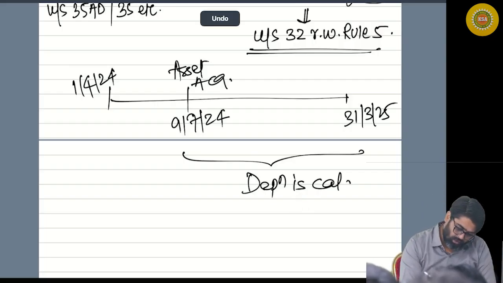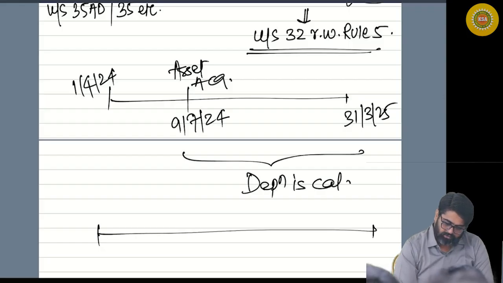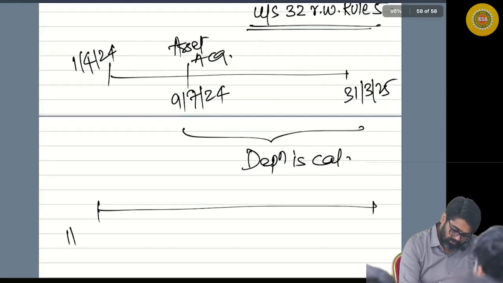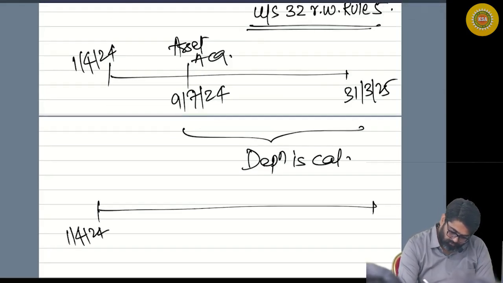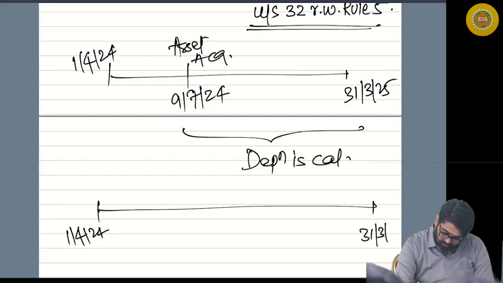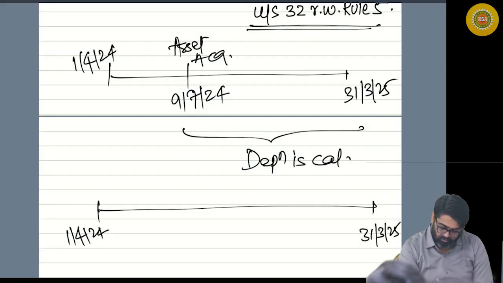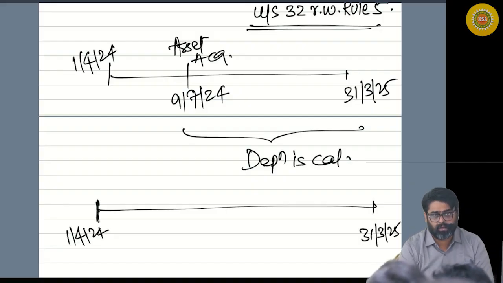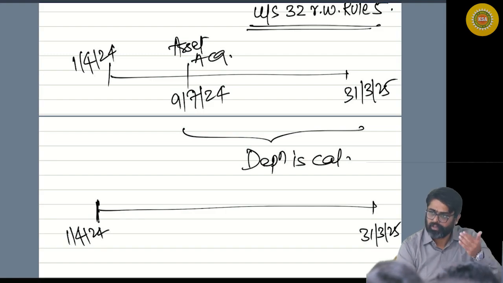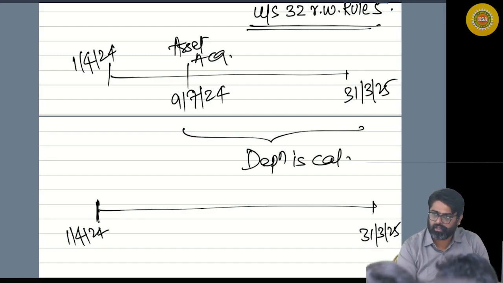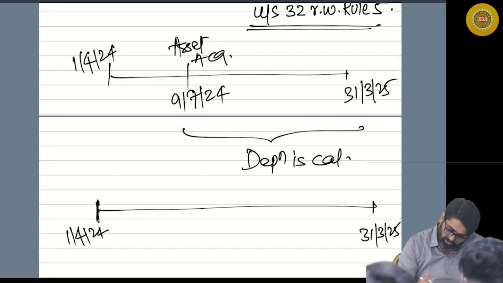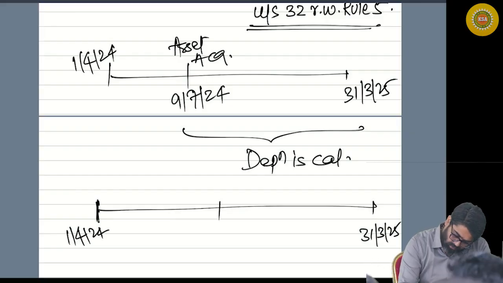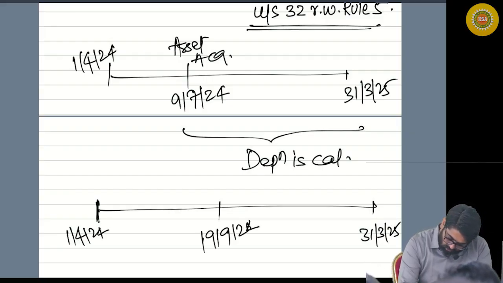What if I change the example: 1st April 2024 to 31st March 2025. The asset was already there in the business when the year started, but in this year the asset was sold on 19th September 2024.